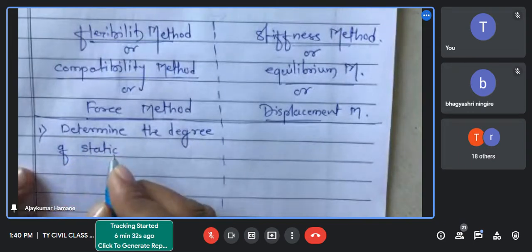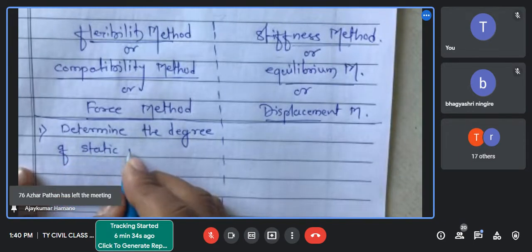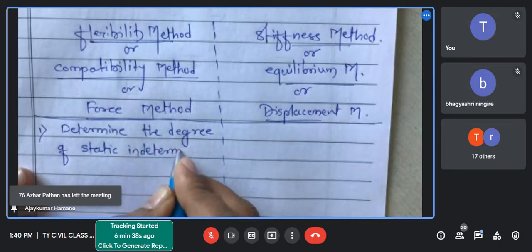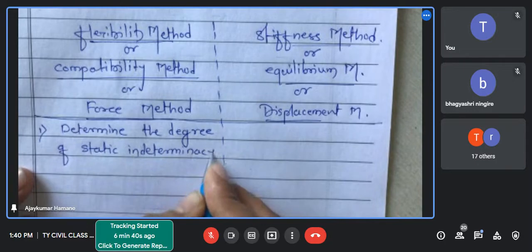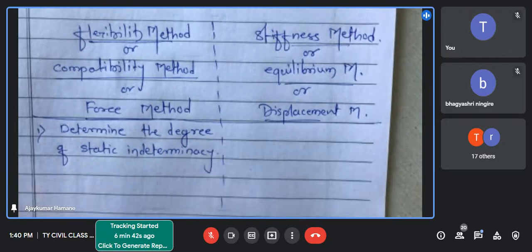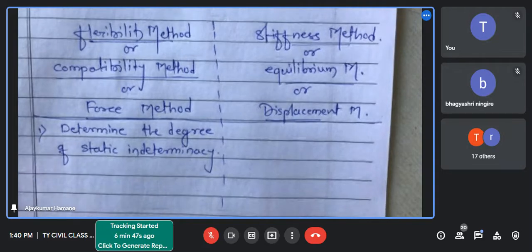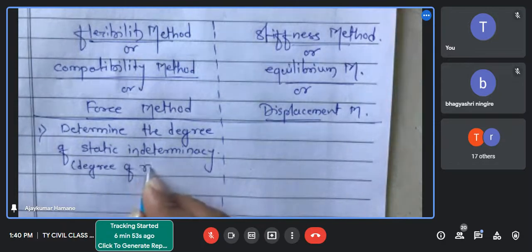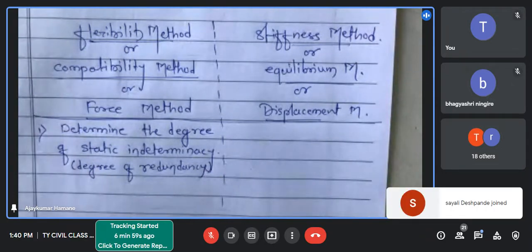How to find the static indeterminacy? You already know. That is also called the degree of redundancy.